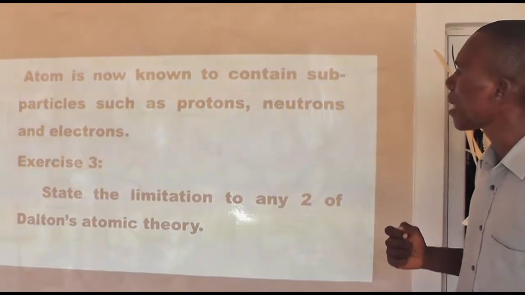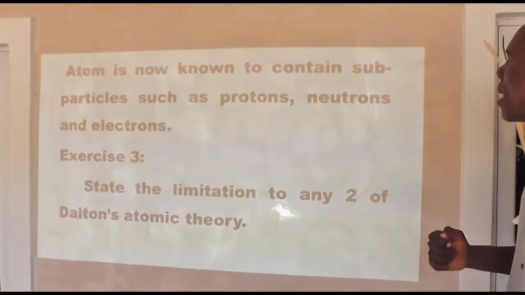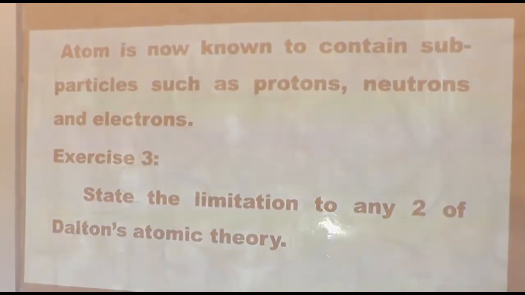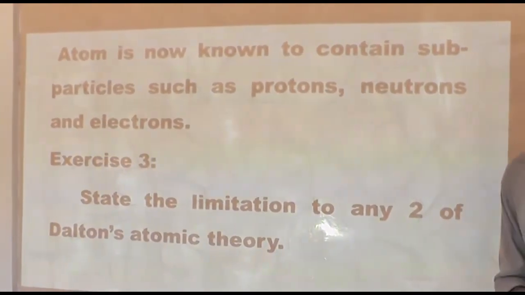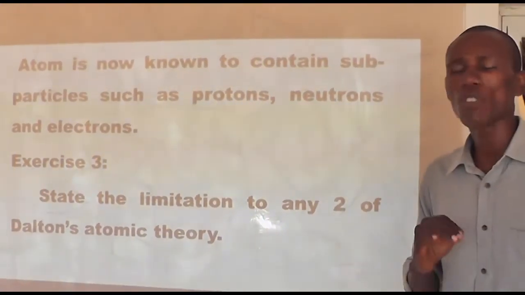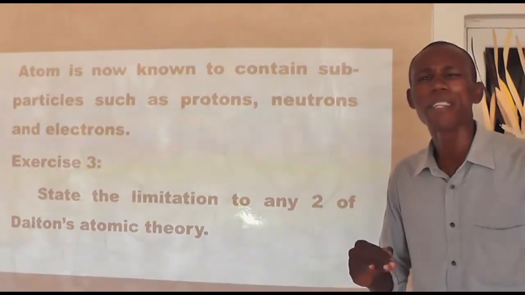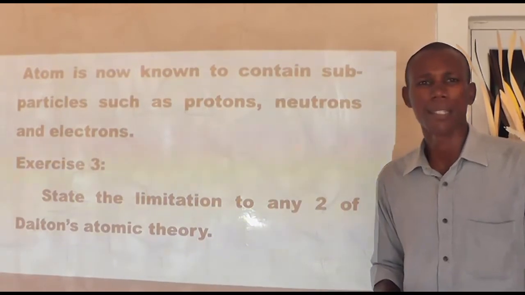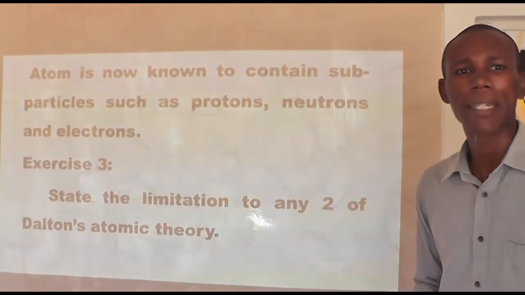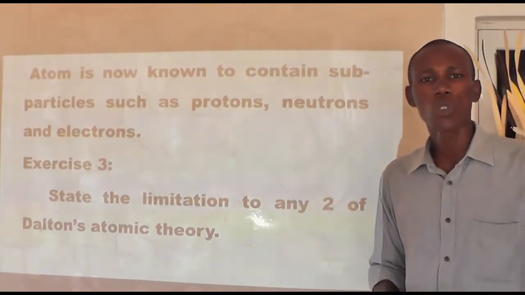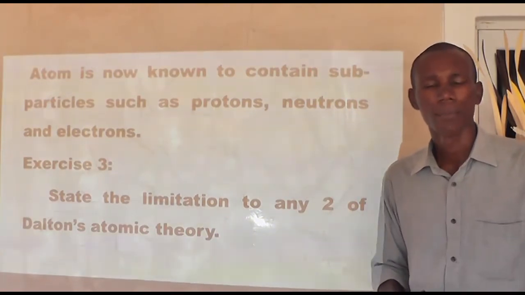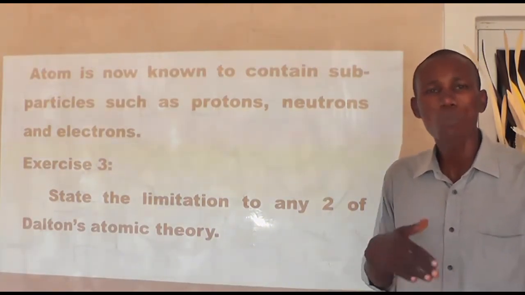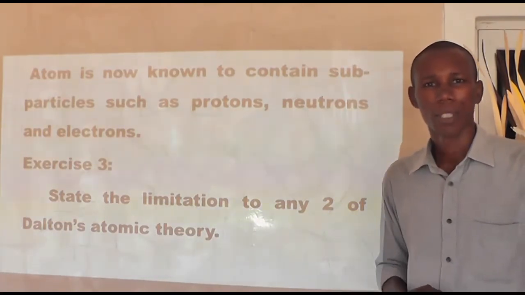Now, the second limitation: atom is now known to contain subatomic particles. According to John Dalton, atom is the smallest indivisible particle of an element. Take for instance, a woman that is pregnant with probably twins or triplets will have fetuses that are smaller than the mother.